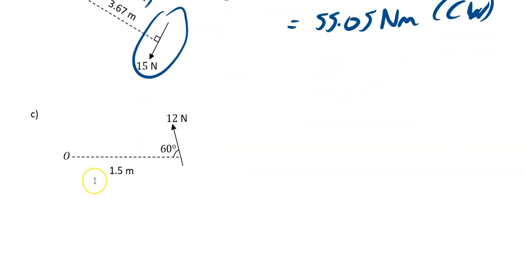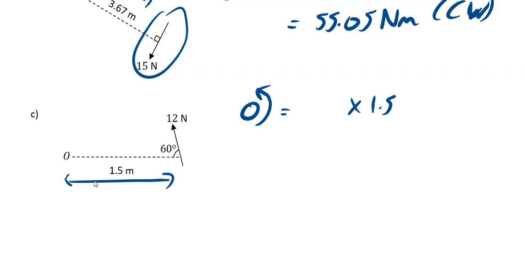Next one, again, it's going to be going anti-clockwise overall, so we're going to take our moment anti-clockwise about O. The perpendicular distance of your force from the point is 1.5 meters, but this force is not strictly going perpendicular, so you've got to force it to be going perpendicular. To do that, just do a dash line going up here.